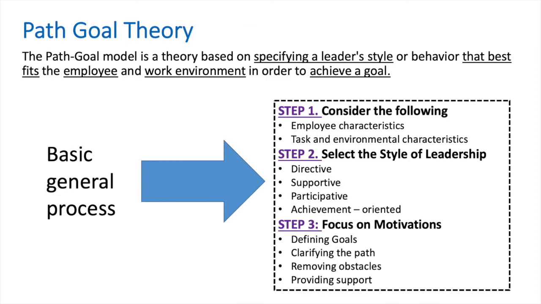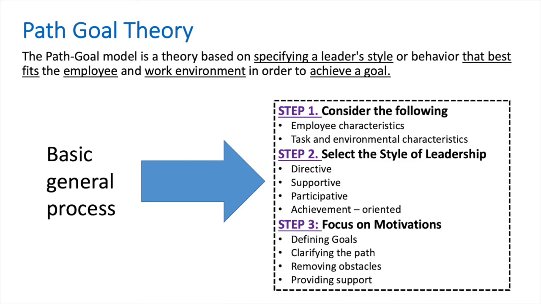Then you would also consider the task and environmental characteristics as well. So you've got to remember to look at task structure, the formal authority system, and also their work group as well. And then once you've done that, then you have a better idea to determine which style of leadership would be suitable to help that employee achieve their goals.